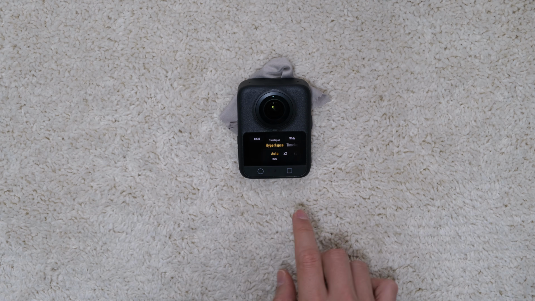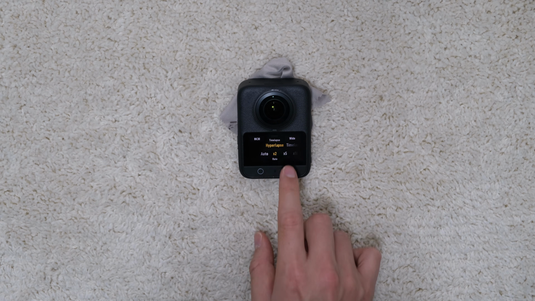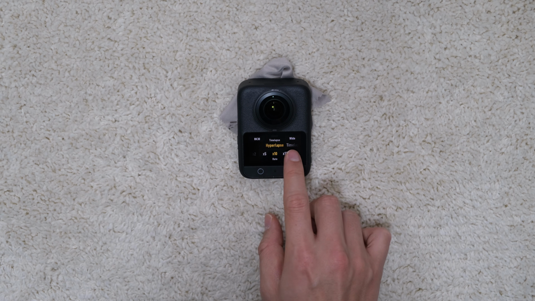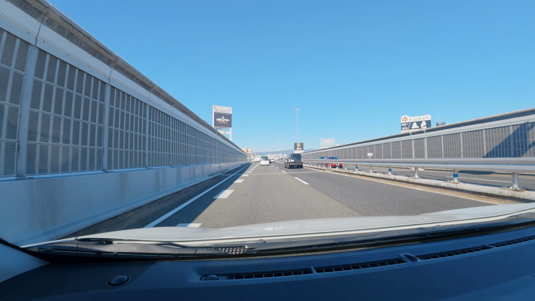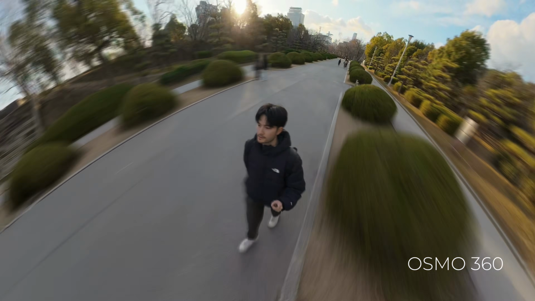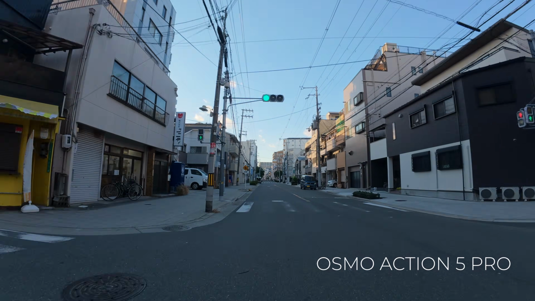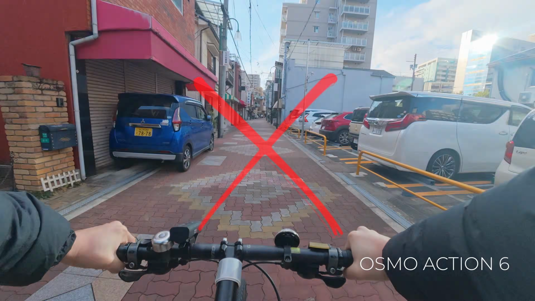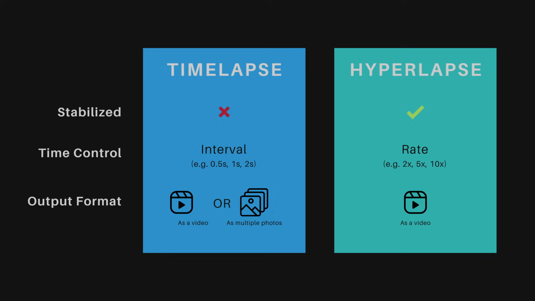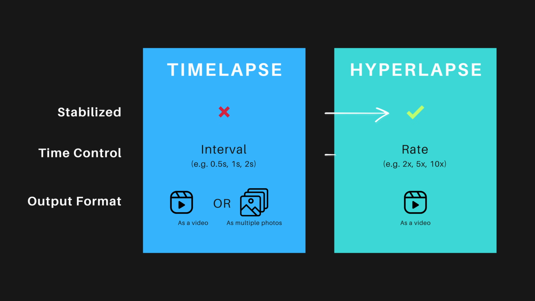Hyperlapses work at much milder speed multipliers, like 2 times, 5 times, or 10 times real time. This more gentle time compression means motion stays smooth and recognizable. So whether you're walking around or biking through the city, you'll avoid giant, disorienting jumps between frames. In short, stabilization and less speed up are what differentiate the hyperlapse mode from the time-lapse mode.